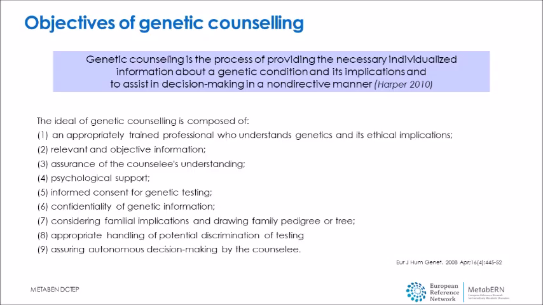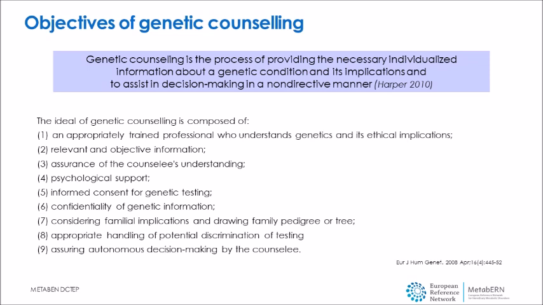What are the objectives or goals of genetic counseling? If we go back to the definition given by Harper some years ago, genetic counseling is the process of providing the necessary individualized information about a genetic condition and its implications, and assisting in decision making in a non-directive manner.